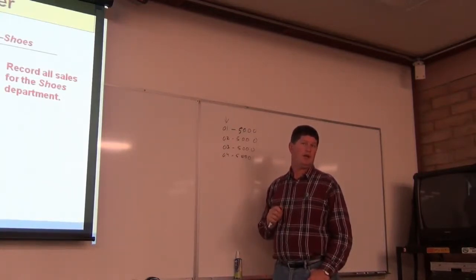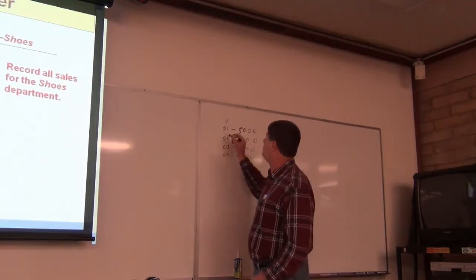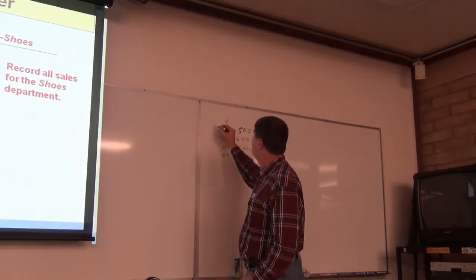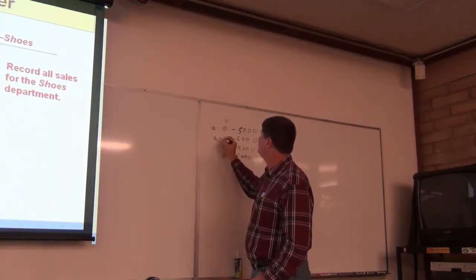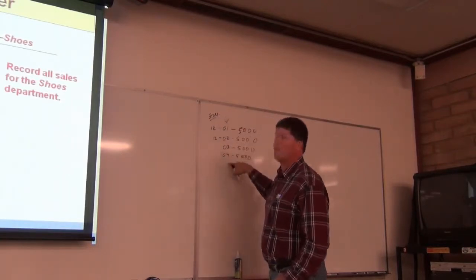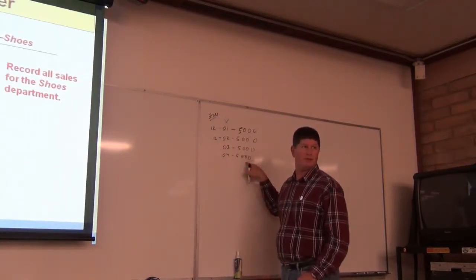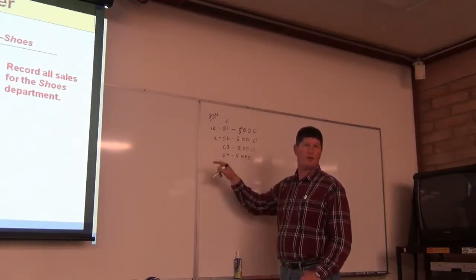Good? Now, if this is truly a Macy's, to think this through, there's probably a store number in front of it. So you've got store, department, revenue. So as you can see, these things for a large company could start to get really big.